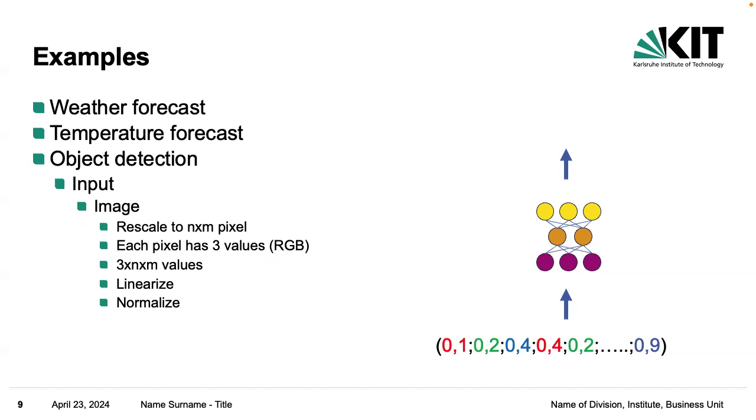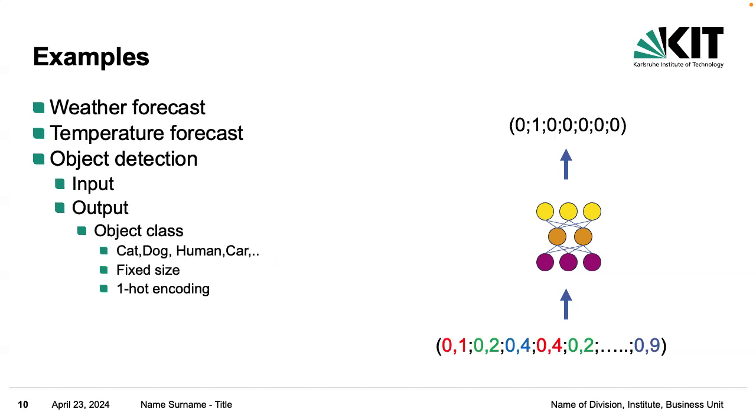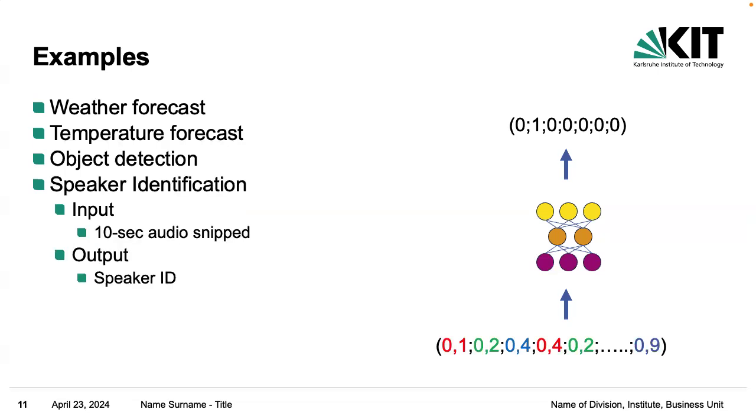Then you can have a fixed set of classes, maybe something like cats, dogs, humans, cars, or so. You have your fixed number of objects, and in training, you put up there what object it is to learn. And then you can do prediction and predict this type of output layer.